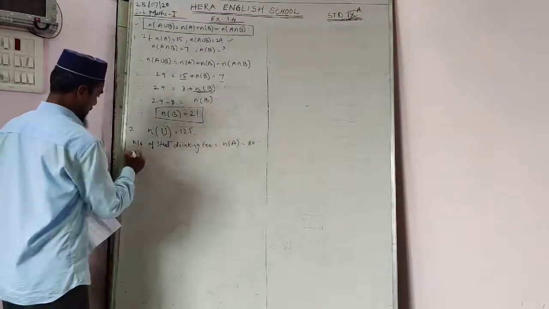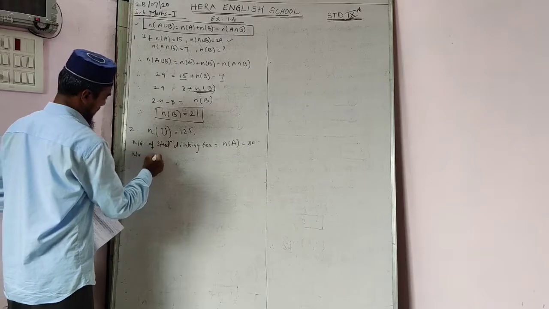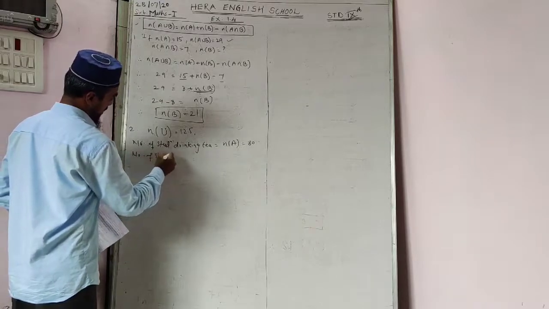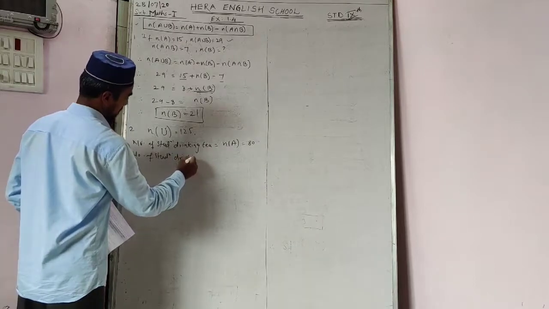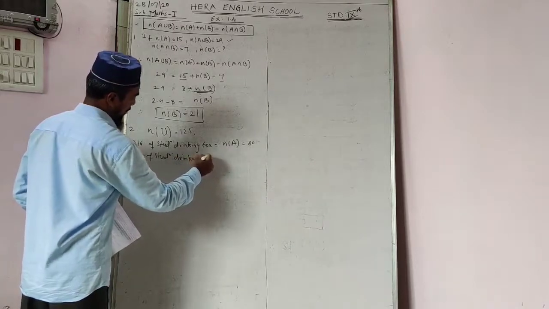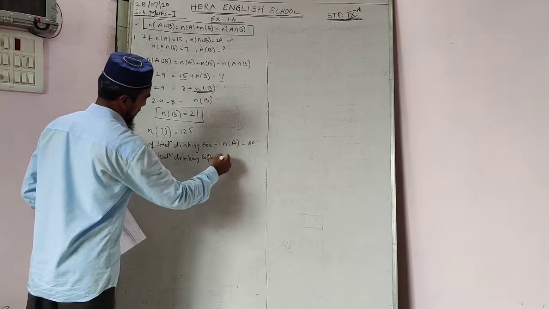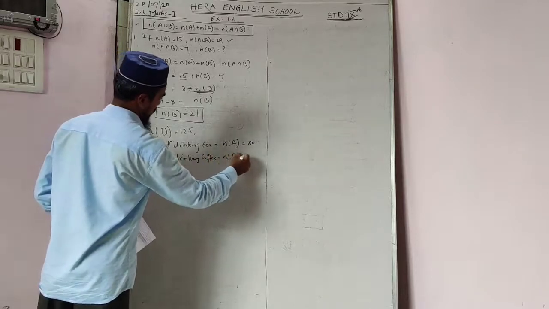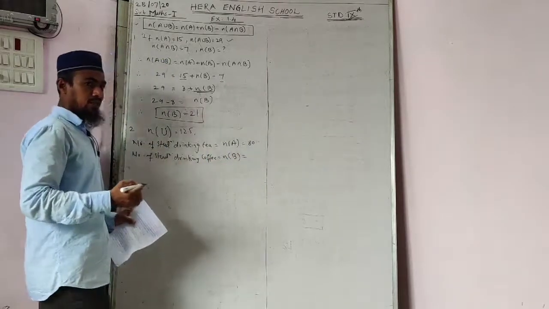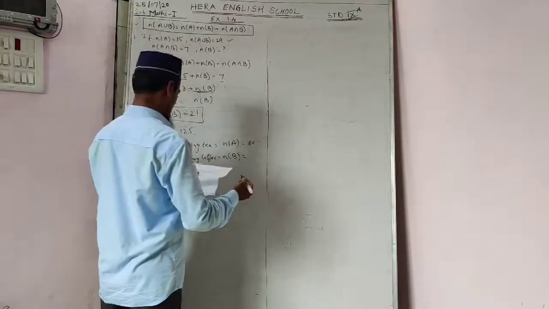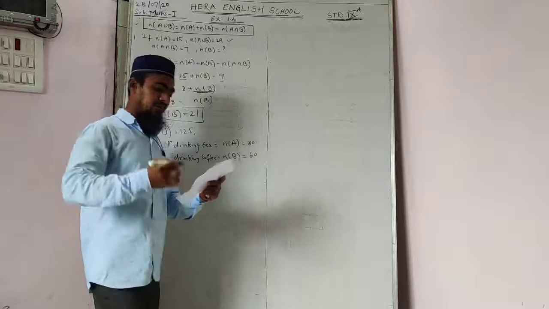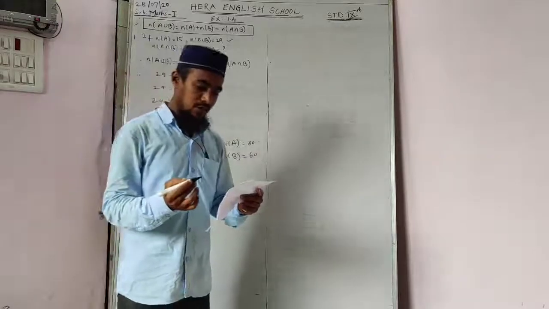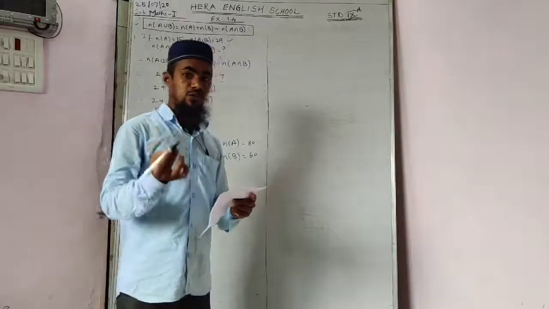We'll write number of students drinking coffee, taking as B. Number of B means those drinking coffee, they are 60, and 20 students are drinking both tea and coffee.